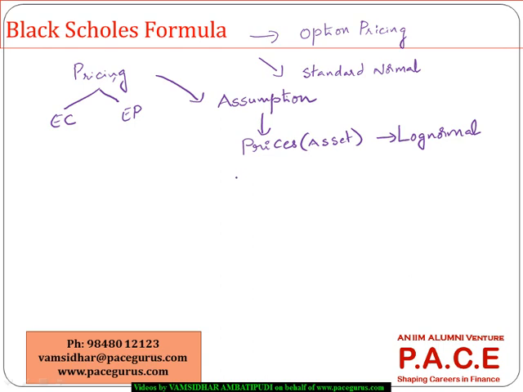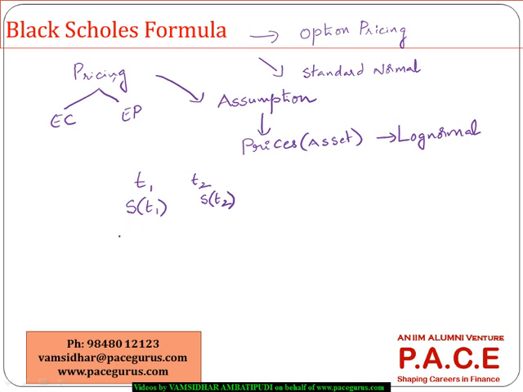They follow a log normal distribution, which means if I am looking at, let's say, two time periods T1 and T2, and let's say I am observing that the price at T1 is S of T1 of the asset and price at time T2 is S of T2.